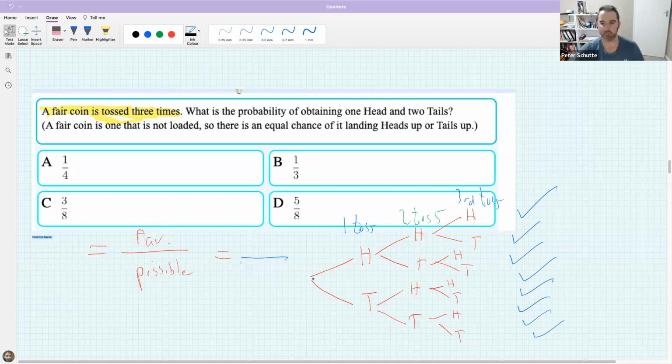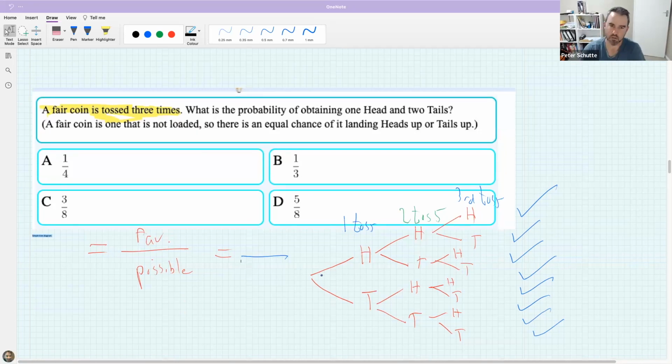Super clear, I absolutely can explain. So if I toss a coin once, there are 2 outcomes. I could get a heads, or I could get a tails. If I toss it twice, I could get heads, heads, or heads, tails, or tails, heads, or tails, tails.